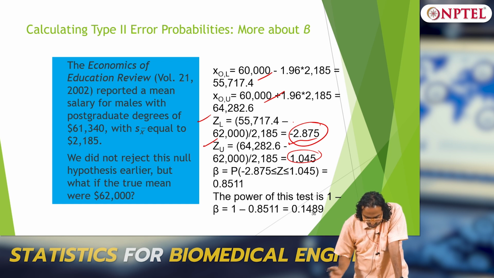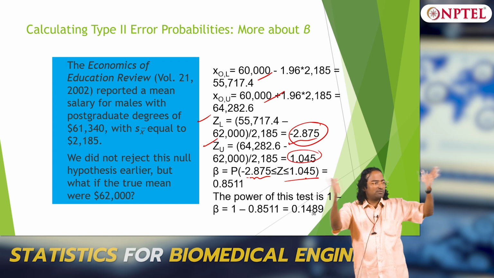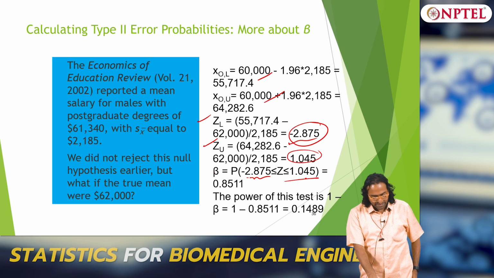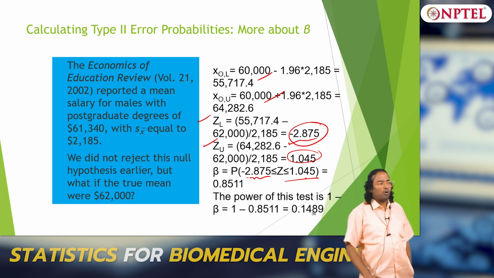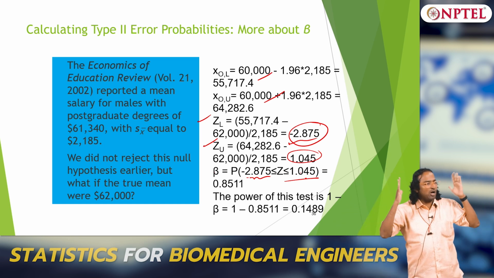So now beta lies in this region, which is the overall region in which the overlap happens. Beta is nothing but the probability of z lying between minus 0.28 and 1.045, which is 0.8511. That is the possible overlap.